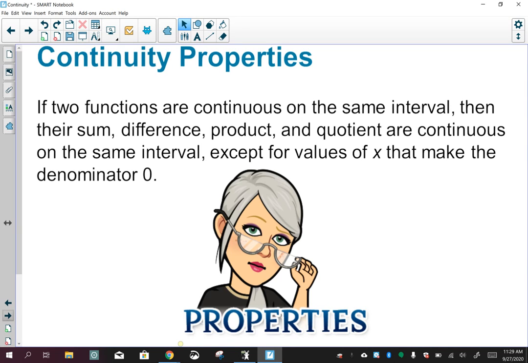All of them are continuous, except if you wind up with something on the quotient one that forces your denominator to equal 0. So that's the main one that we have to be careful of. When you get to the quotient, just check to make sure that the function on the bottom does not equal 0 for any reason.